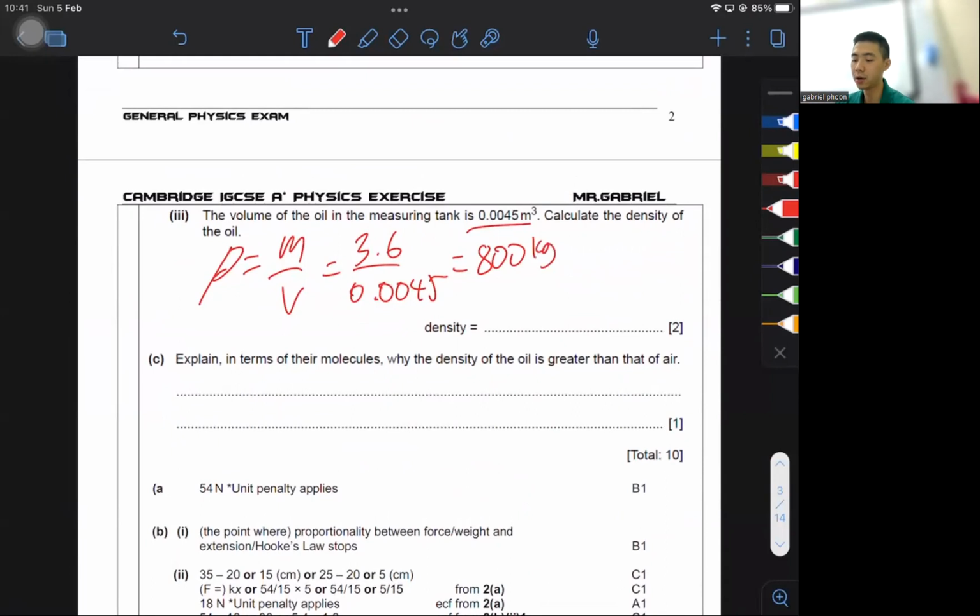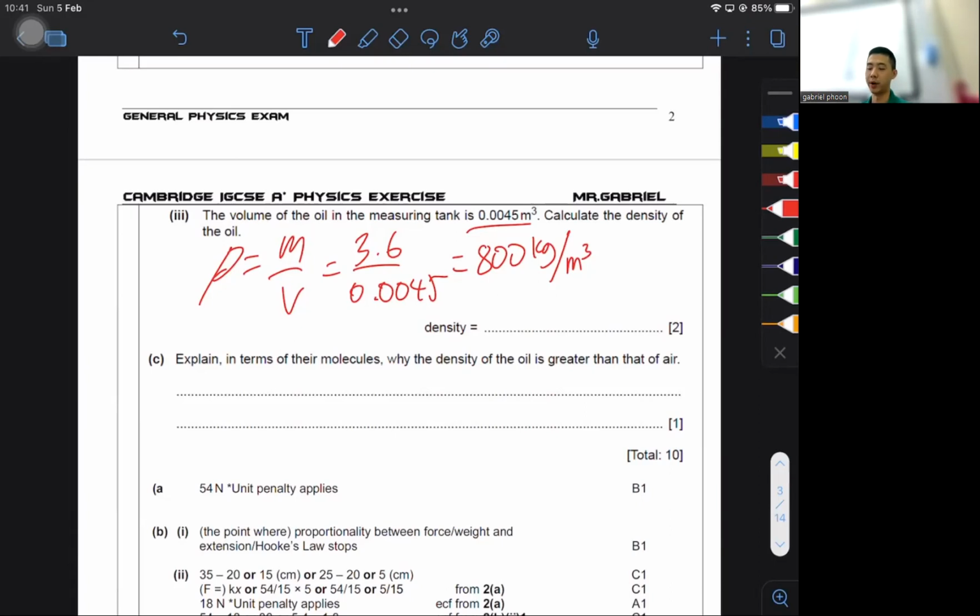kg per meters cube. Right. And explain in terms of their molecules why the density of oil is greater than that of the air. Guys, what's the reason of why density of oil is greater than air, in terms of the molecules? How's the arrangement? Yes, that's correct.